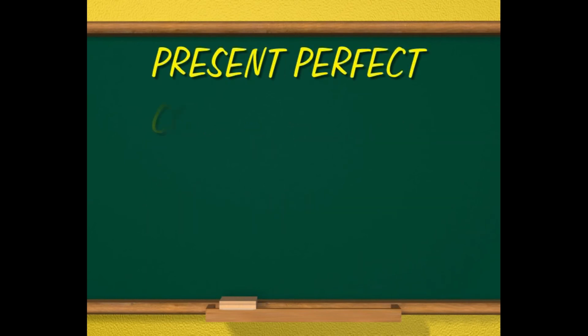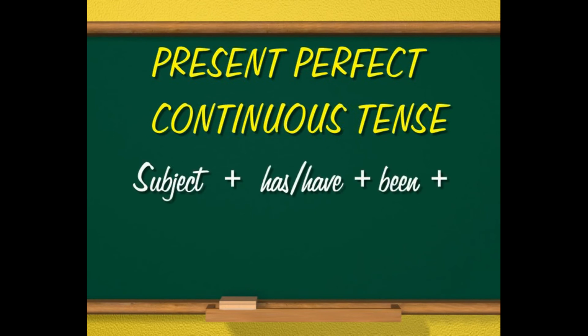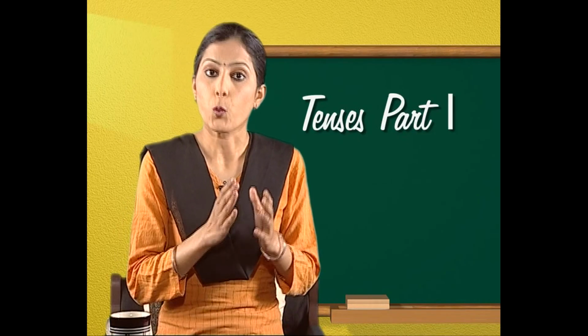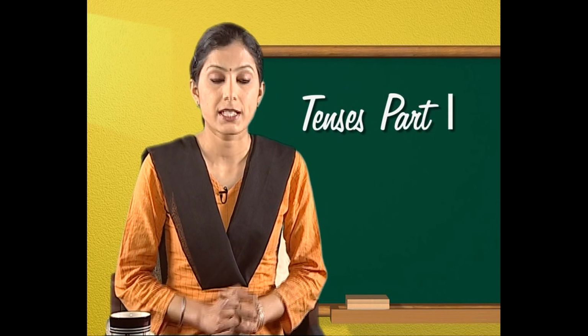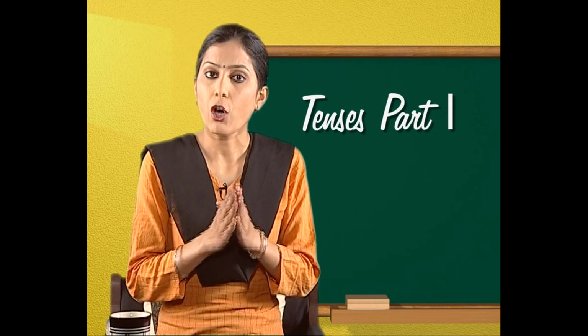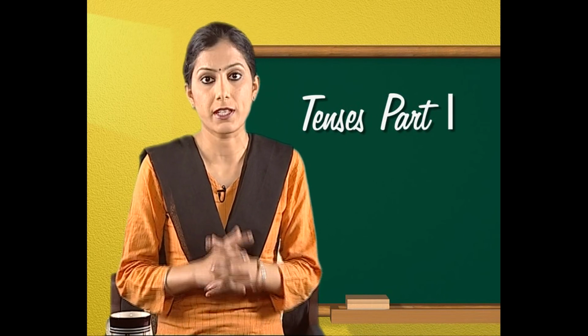Rules to form present perfect continuous tense. Subject plus has or have plus been plus main verb plus ing. When we use the present perfect continuous tense in speaking, we often contract the subject and the first auxiliary.